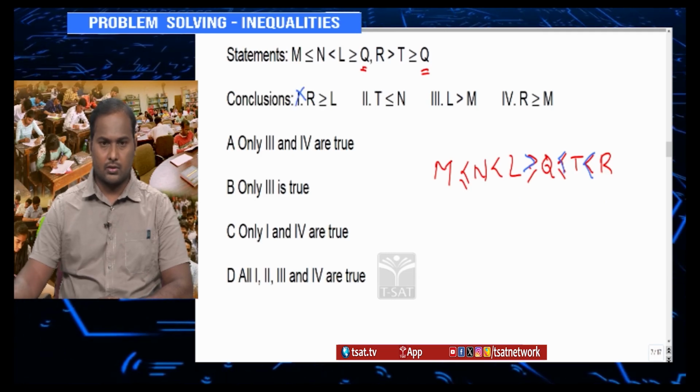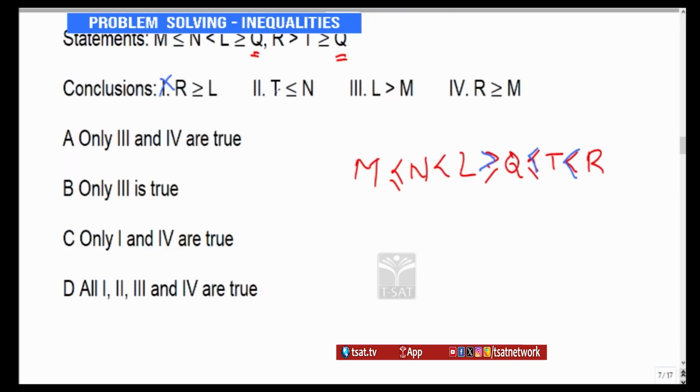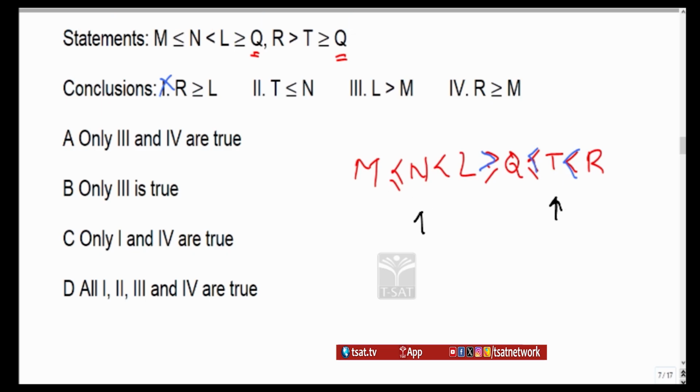See the next conclusion, that is N is greater than or equal to T, or T is less than or equal to N. So he is asking the relation between T and N. Now between T and N, all the symbols should be greater than or equal, then only our conclusion becomes correct.